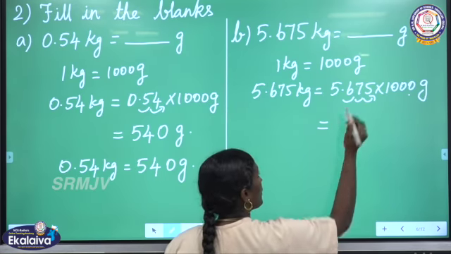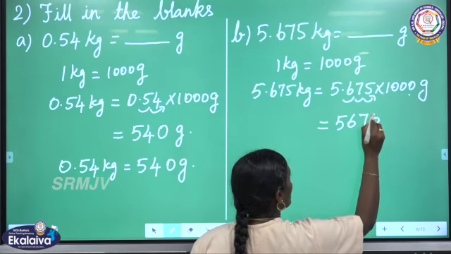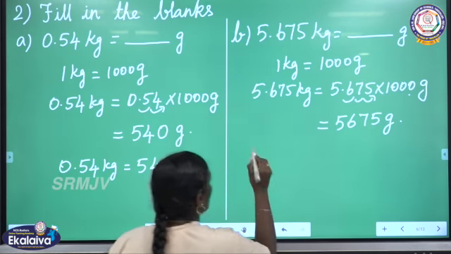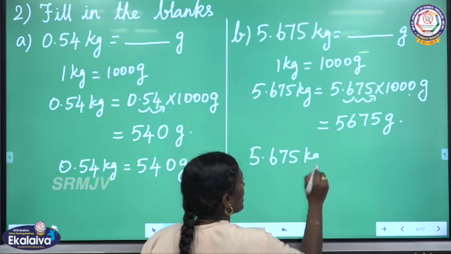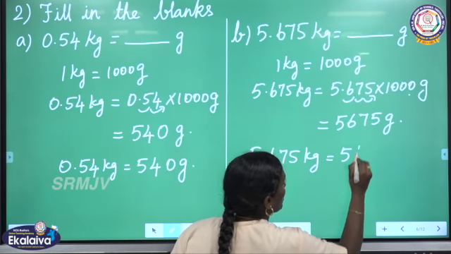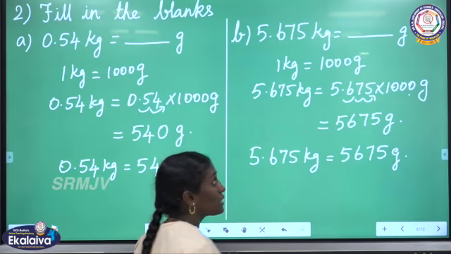Then the decimal point will come at last. So the answer is 5675 gram. So 5.675 kilogram is equal to 5675 gram. Was it clear, children?